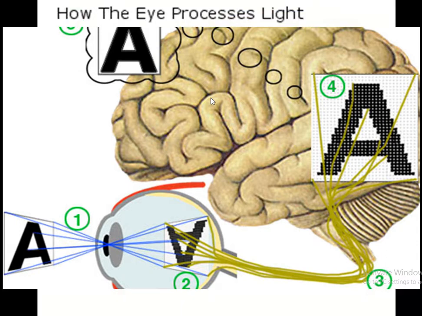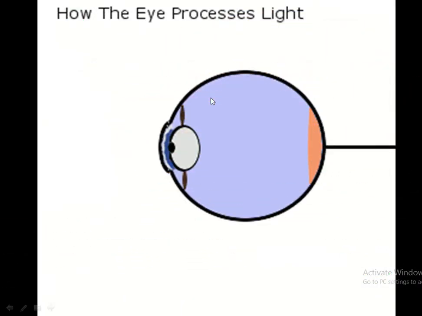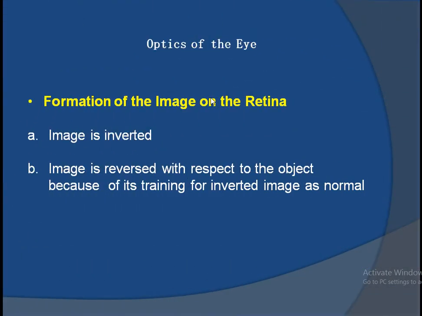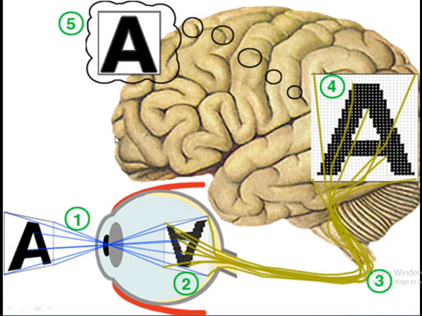All this will be discussed in detail later on, but you must know that the image is inverted when it forms on the retina. The image is reversed with respect to the object because our brain is trained for the inverted image as normal. Here we consider that this is normal because our brain is trained for that.